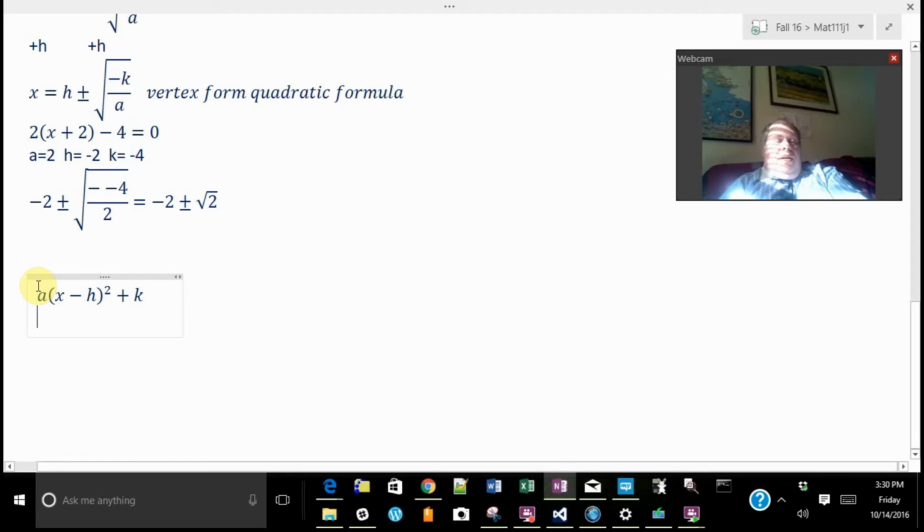Often your quadratic will be in the more familiar form, the standard form, ax squared plus bx plus c.